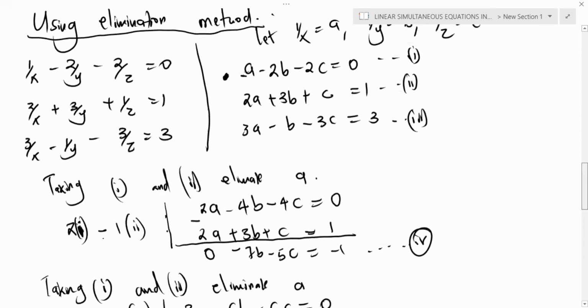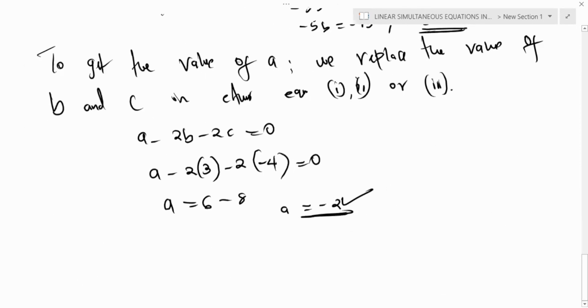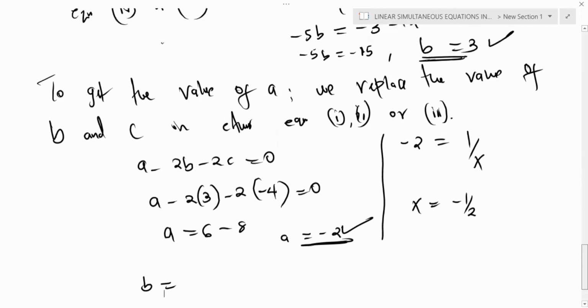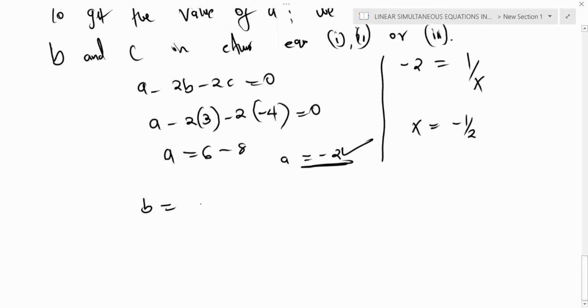Since you already have the value of A, which is minus 2, it is equal to 1 over X. So X, if you make X the subject of the formula, will clearly be minus a half. Our value of B is 3, and our B was 1 over Y. Making Y the subject of the formula, we'll find that Y is equal to 1 over 3.